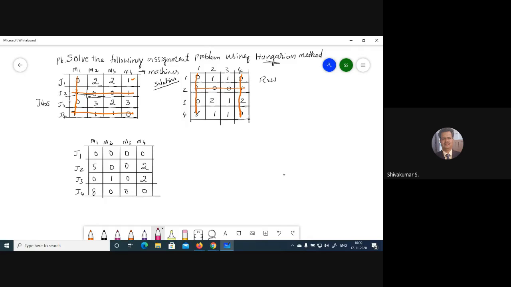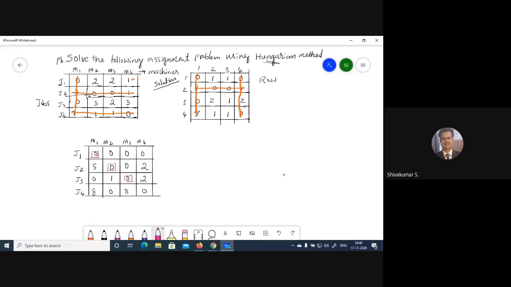Say for example, simply I am going to do J1. So correspondingly, you don't have to strike out zeros because anyway 2 zeros are there. Second, I'm going to do M2 because 0 is there now. And third, I'm going to do here. This is very randomly I'm doing.